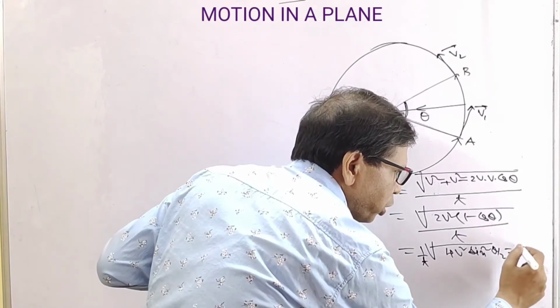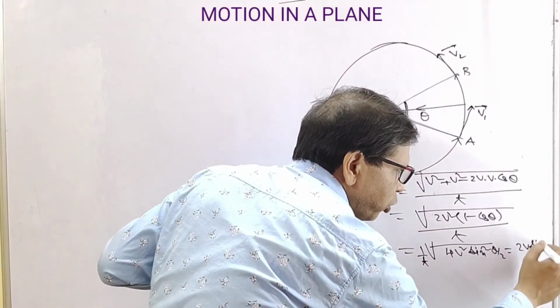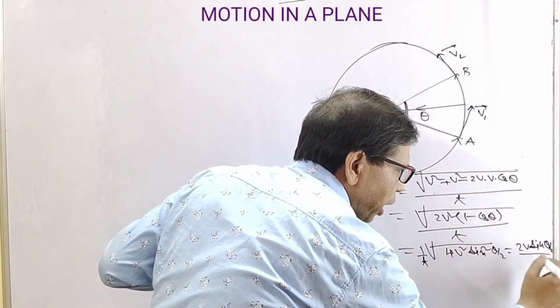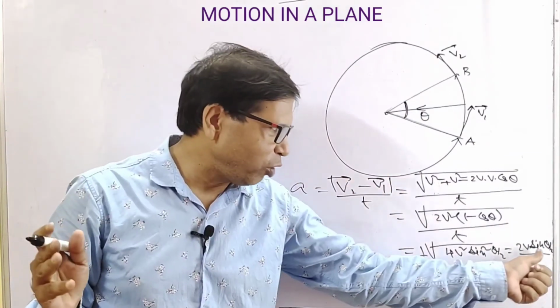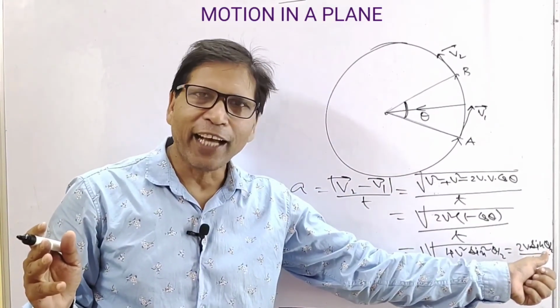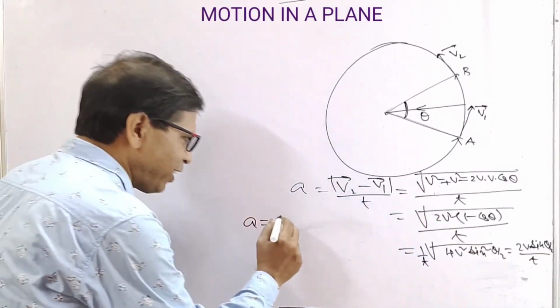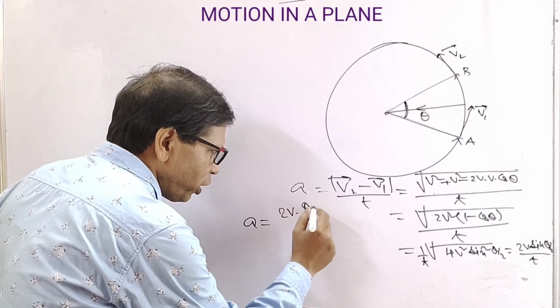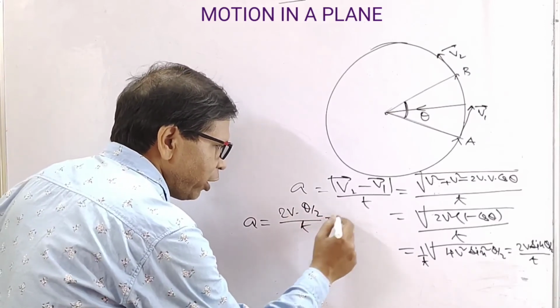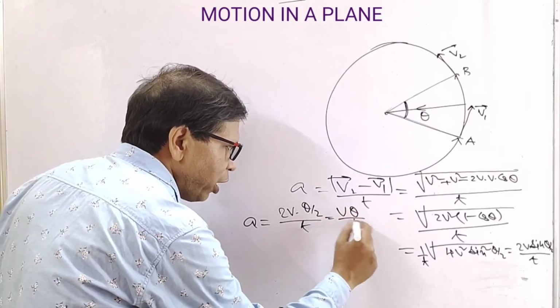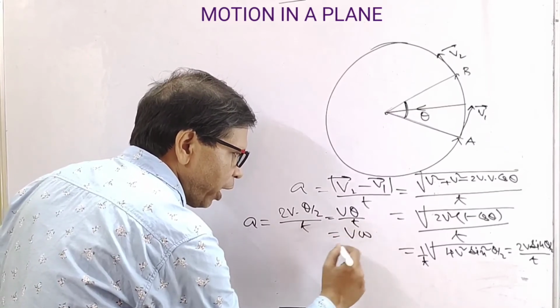So this is 2v sine theta by 2 divided by t. For a small value of theta, sine theta by 2 is equal to theta by 2. Therefore acceleration is 2v into theta by 2 divided by t, therefore v theta by t. So this is v into omega.